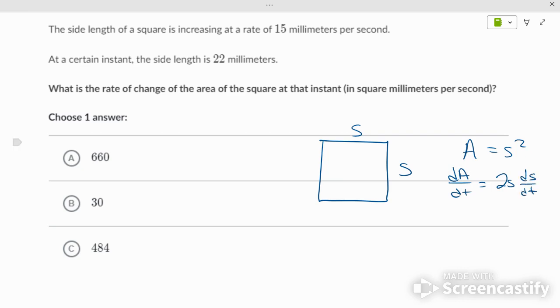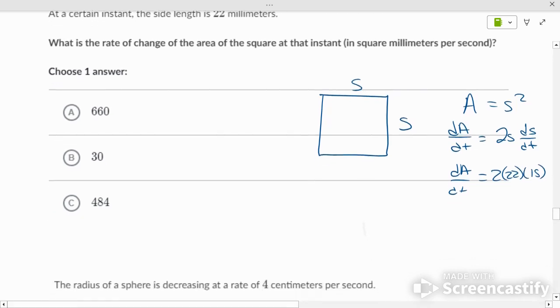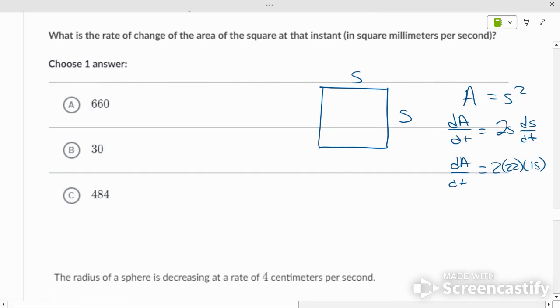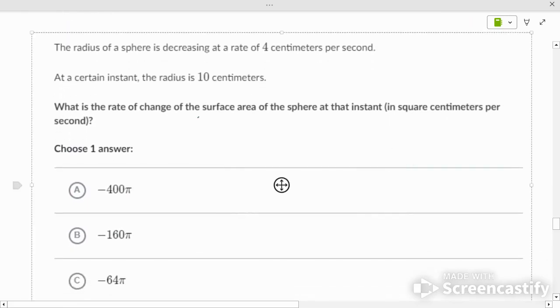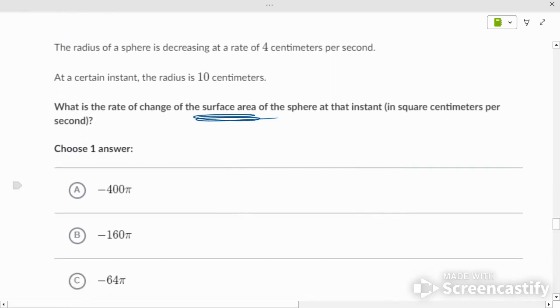So then rate of change of the area of a square, so dA/dt is what we're looking for, equals 2 times 22 times positive 15, which is, I don't know, 660, yeah.